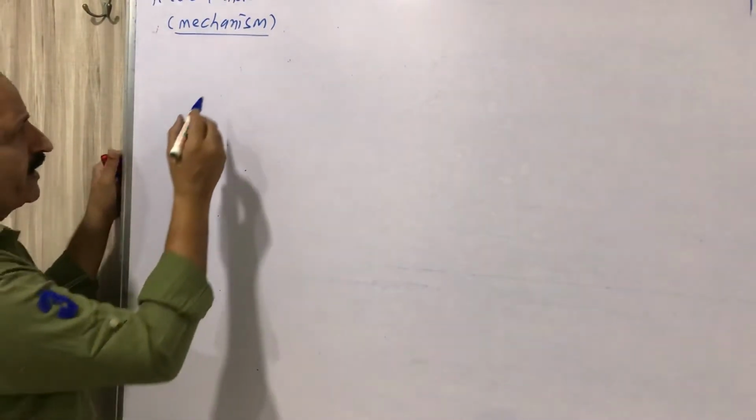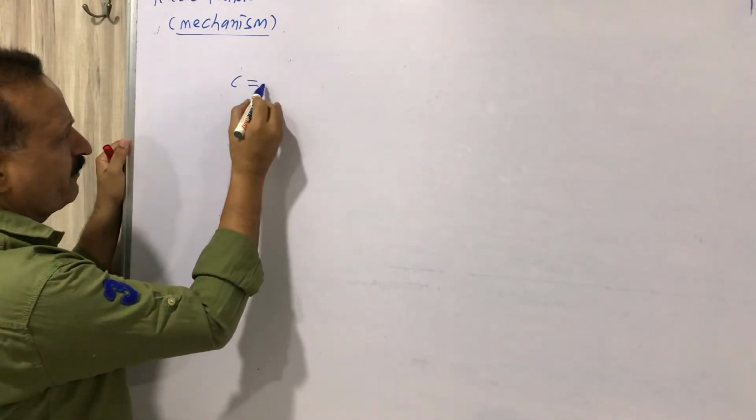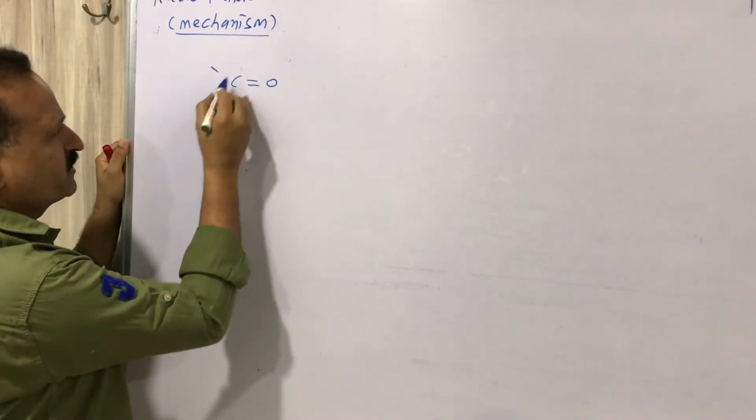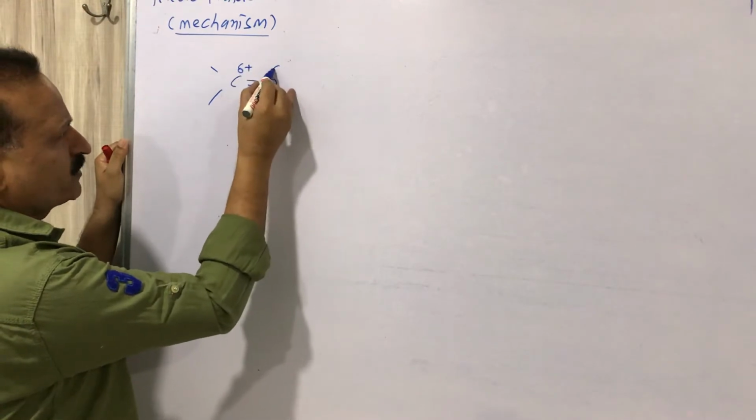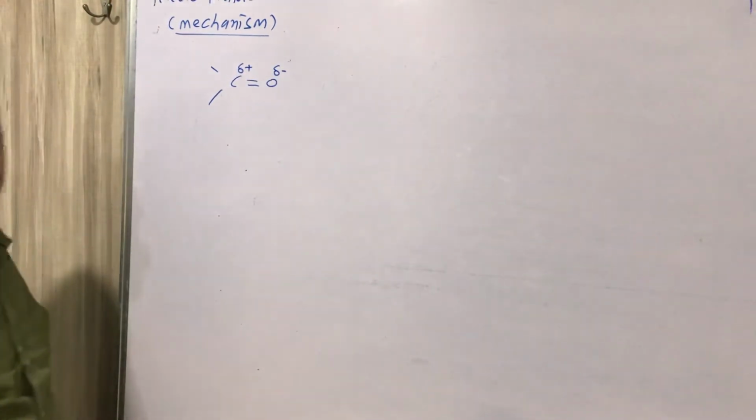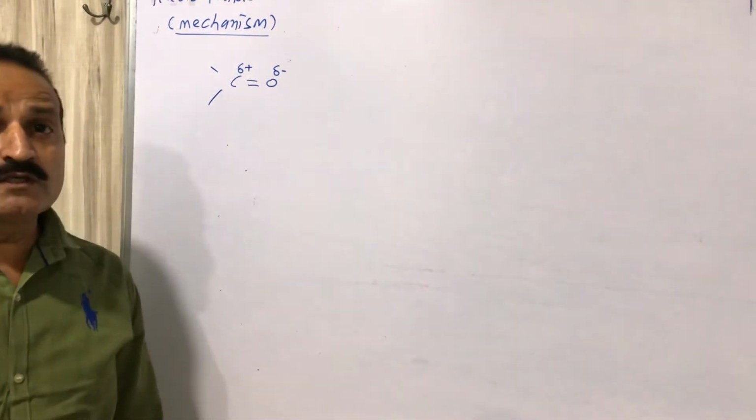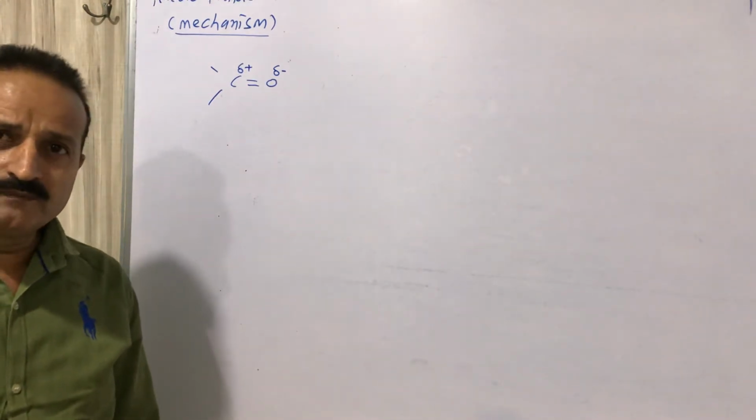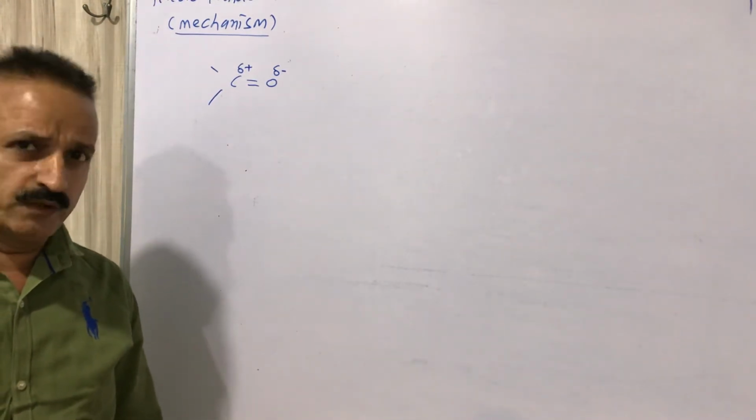So we all know that carbon and oxygen have a double bond, carbon is partial positive and oxygen is partial negative, and its structure is planar and the bond is polar.